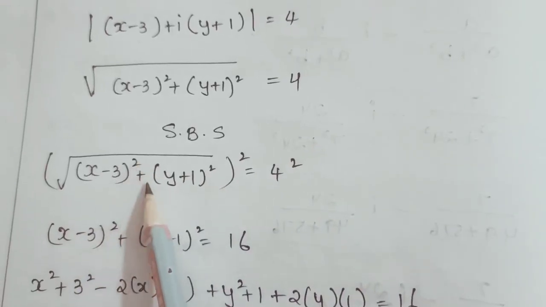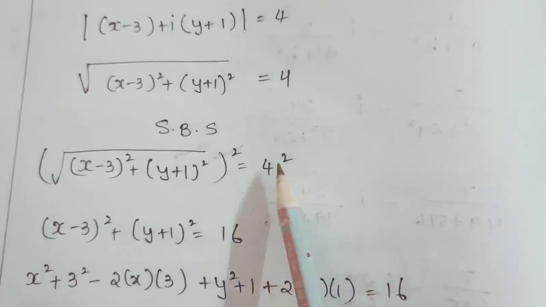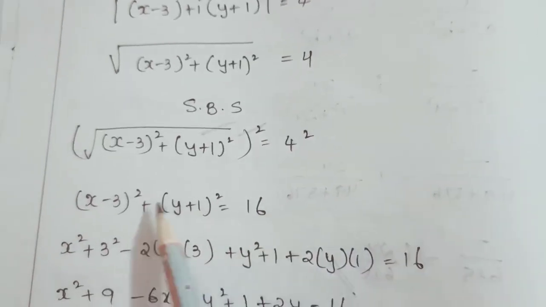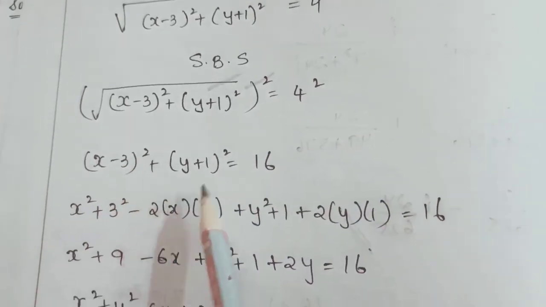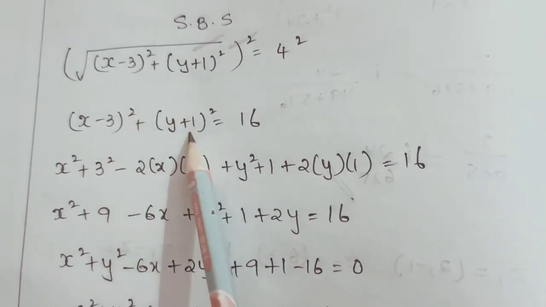(x minus 3) whole square plus (y plus 1) whole square. The square and root get cancelled, and 4 square is 16. Now (x minus 3) whole square plus (y plus 1) whole square. This is in the form of (a minus b) whole square, and this is (a plus b) whole square.